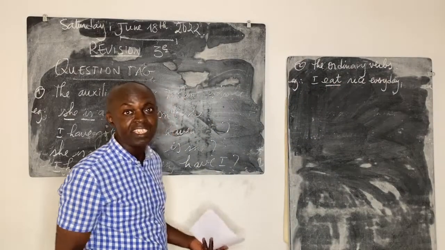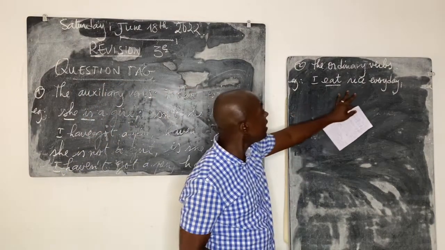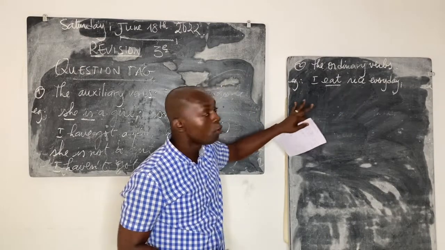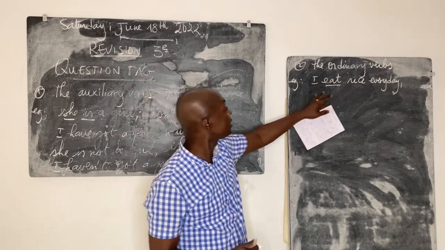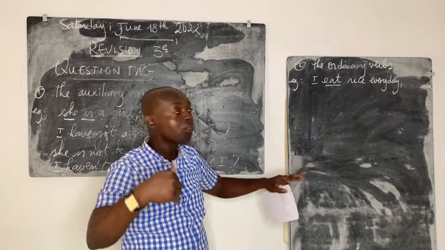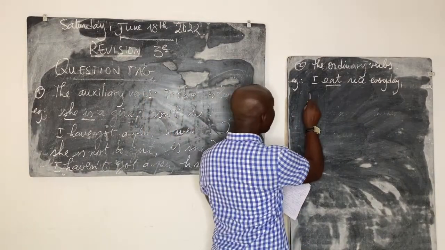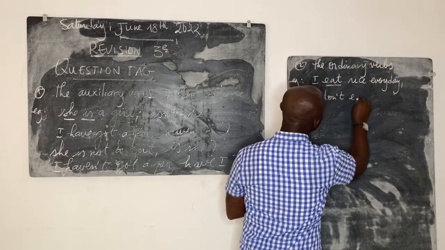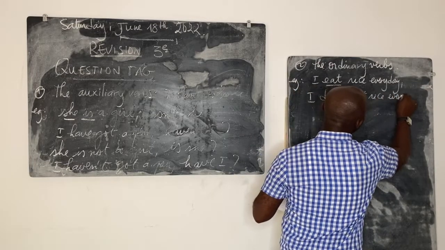So what is the technique? To find easily the tag with ordinary verbs, the first thing you have to do is to transform this sentence into negative form. It's going to be I don't eat rice every day.